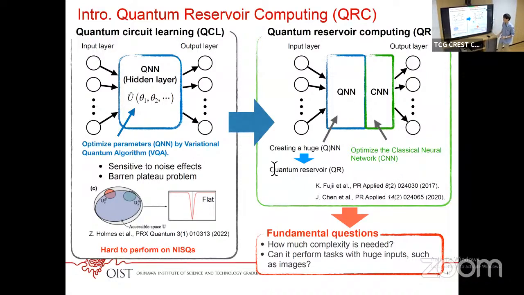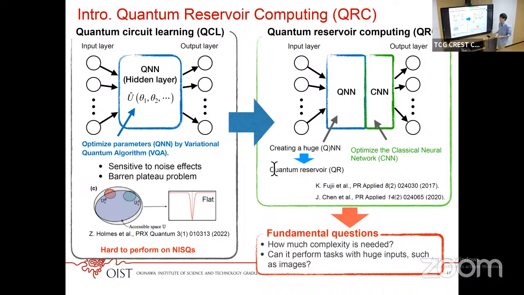But the problem with temporal data in reservoir computing is that we need some memory effect in the reservoir. As you know, in quantum systems we have to measure at some point, and after the measurement, the state is collapsed or projected to some state.